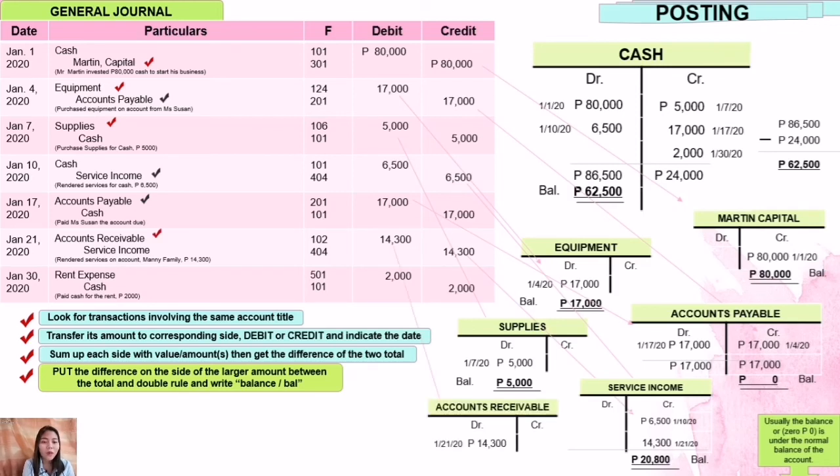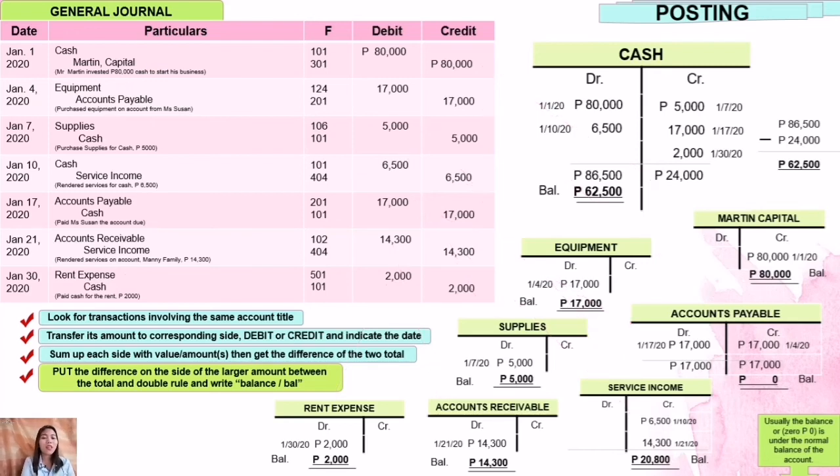Next, accounts receivable, we only have one. Debit, 14,300, so balance is 14,300. Then the last one, rent expense, debit 2,000, so the balance is 2,000. Now for you to identify if you have the correct answer, let's count how many account titles are involved in this general journal. So we have here 1 cash, 2 Martin Capital, 3 equipment, 4 accounts payable, 5 supplies.